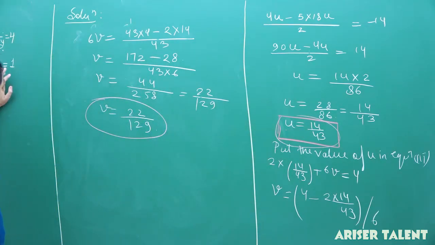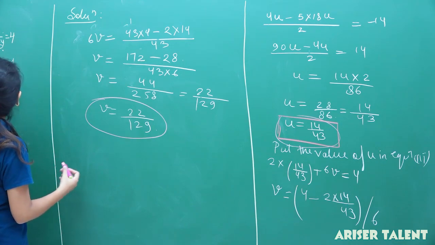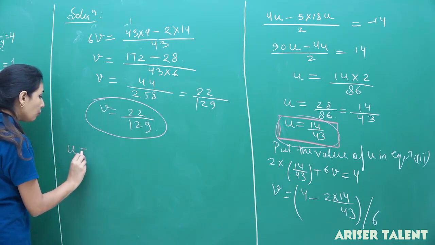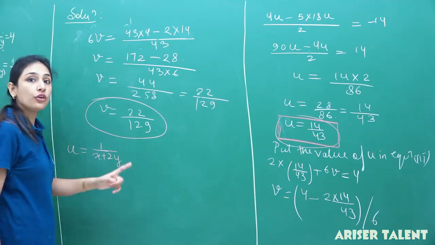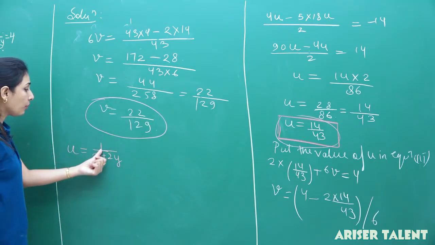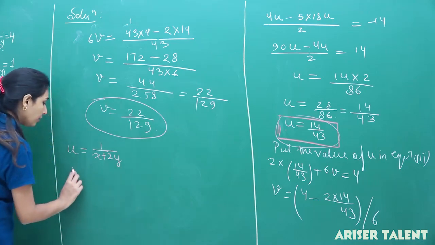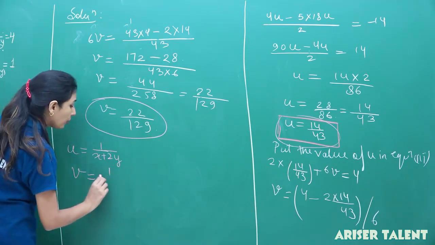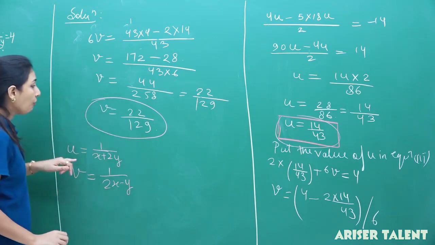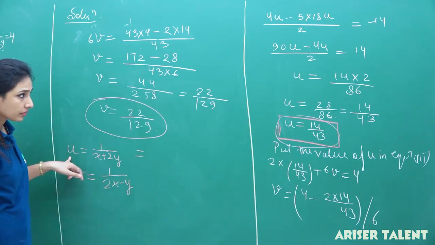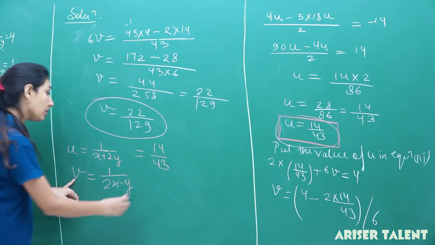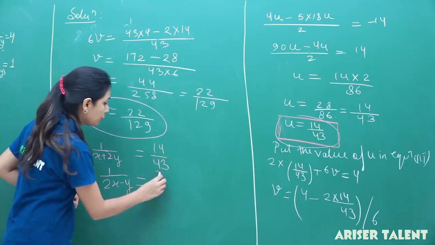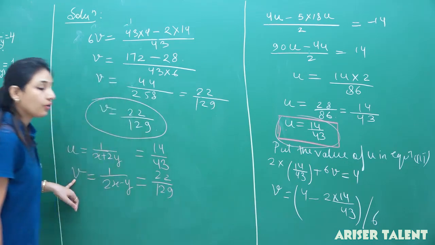Now students, you can use the equations that you have reduced. Now what is the value of u? In the starting of your question, you assumed u equals 1 upon x plus 2y and v equals 1 upon 2x minus y. Now the value of u is 14 by 43 and the value of v is 22 by 129.